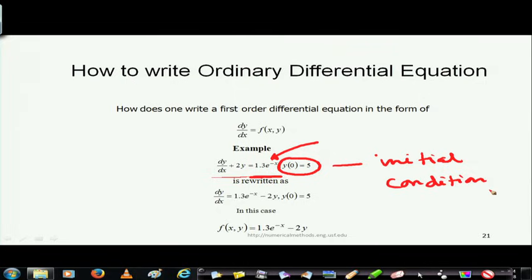Now, this can be rewritten by just changing the sides, because I have to bring it to this form. dy/dx is 1.3 e to the power minus x minus 2y. So, in this case we will assume that our f(x, y), that is dy/dx, is 1.3 e to the power minus x minus 2y. This is our differential equation that we will have to solve.